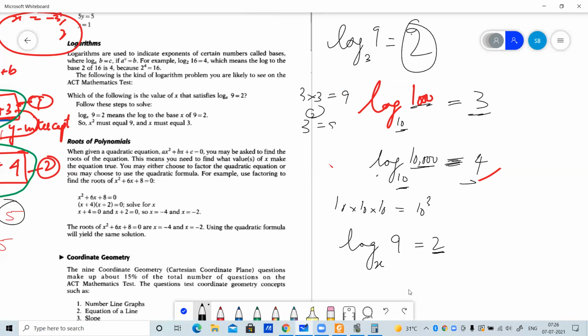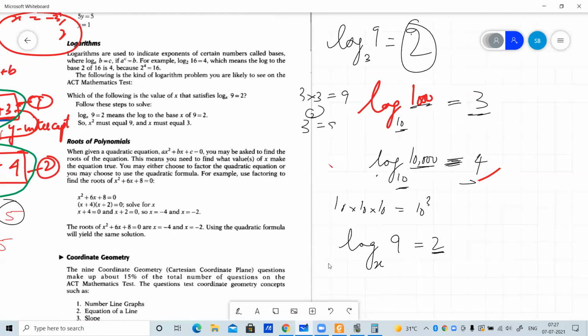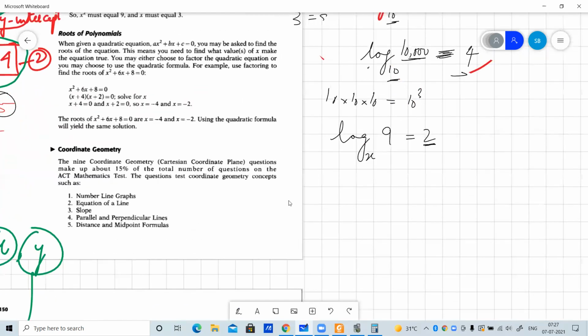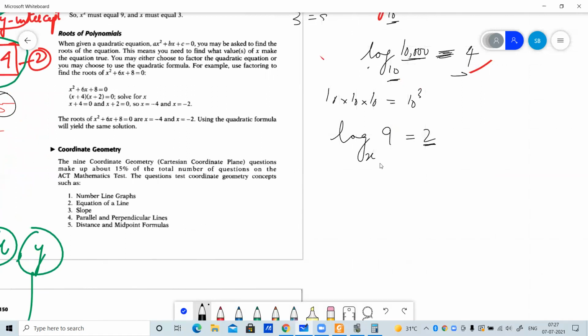What is the base? Which base, when raised to the power 2, will give 9? 3, correct.